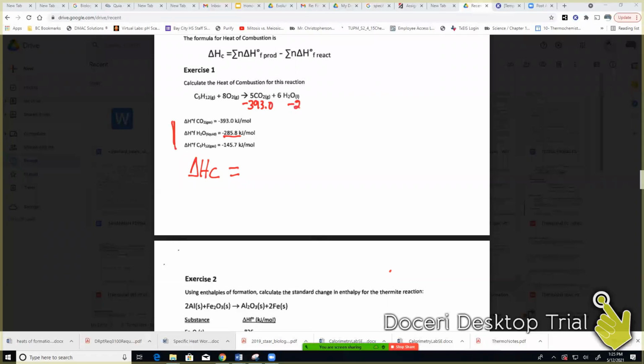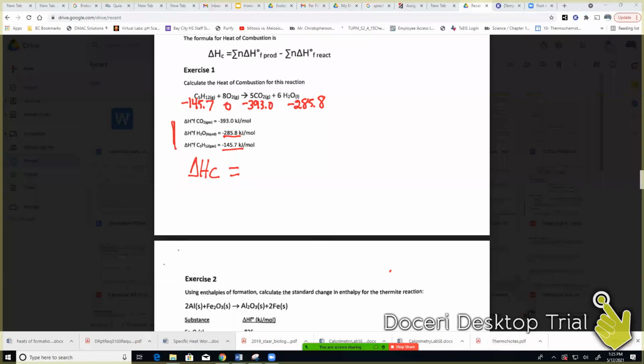It's negative 285.8. This hydrocarbon right here, negative 145.7. And there's no value listed for that oxygen. Why is that? Because it's 0, right? It's because that's its normal state. We didn't have to form it, so there's no such thing as a delta H formation.